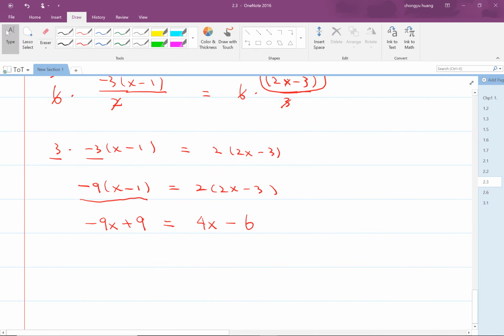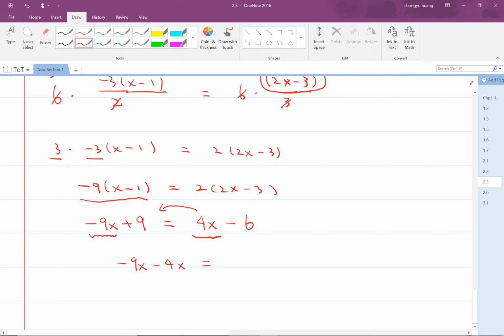Now we are on the right track. This equation seems familiar, right? Now we have to move the terms across. We have a negative 9x and then a 4x, so we want to move the 4x to the other side. Positive 4x becomes negative 4x, so it's minus 4x.